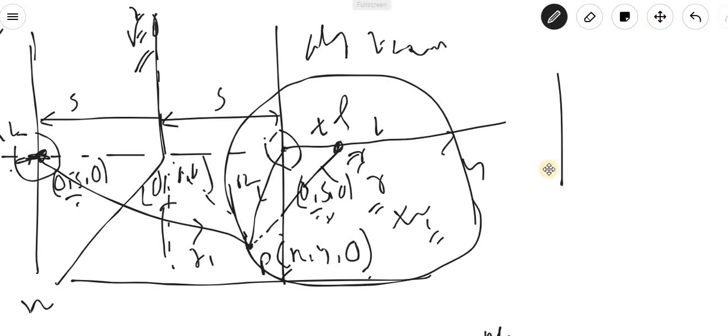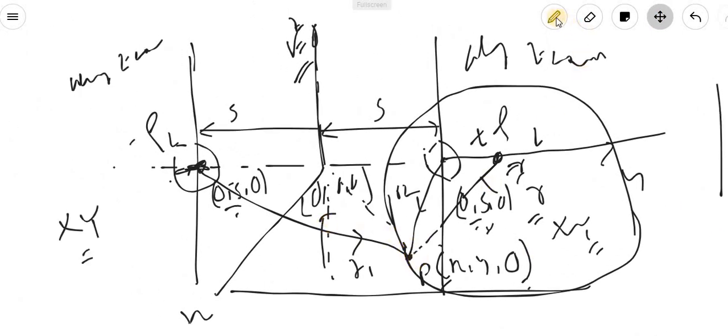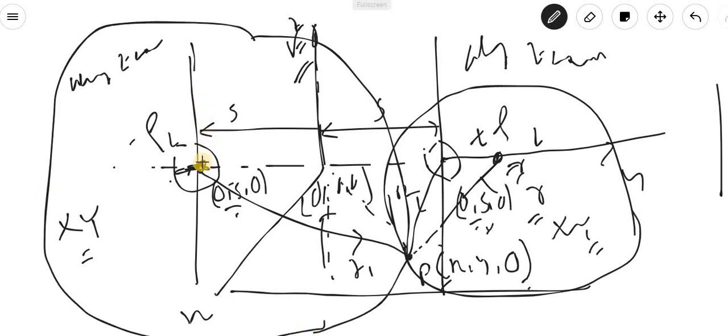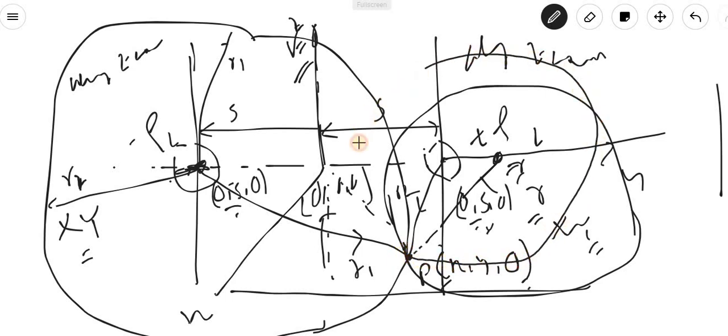Here also we can make one circle with radius R1, and here also we will take one circle with radius R2. Clear?